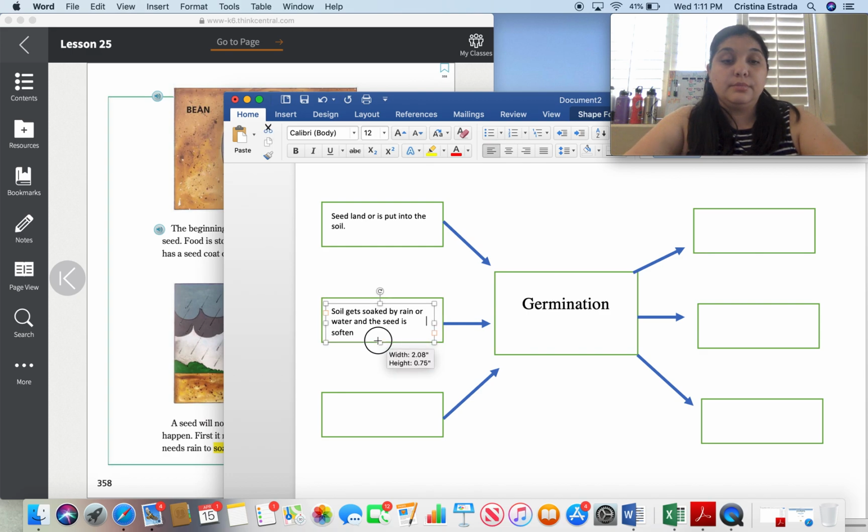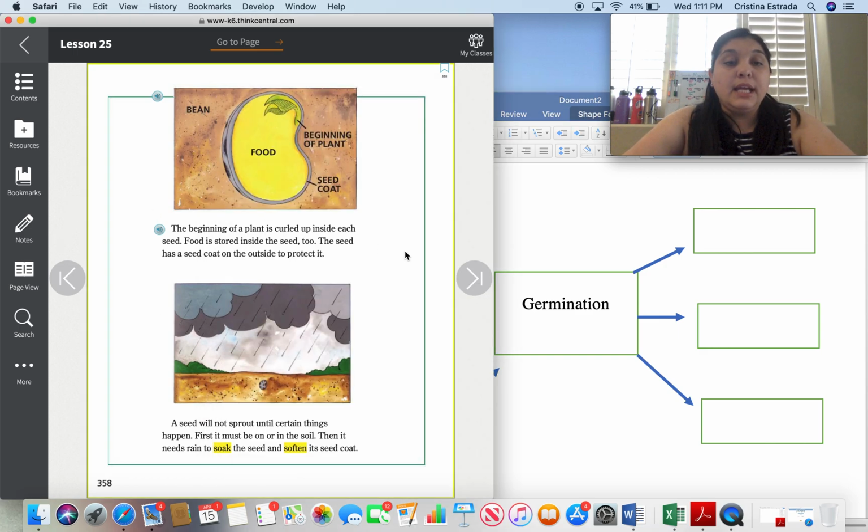And once the seed is softened, I went to the next page.